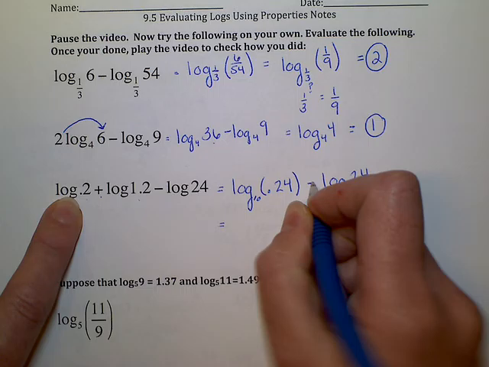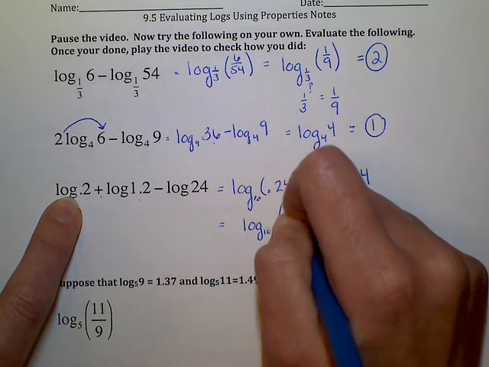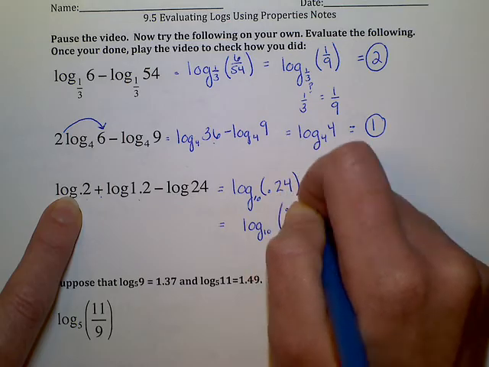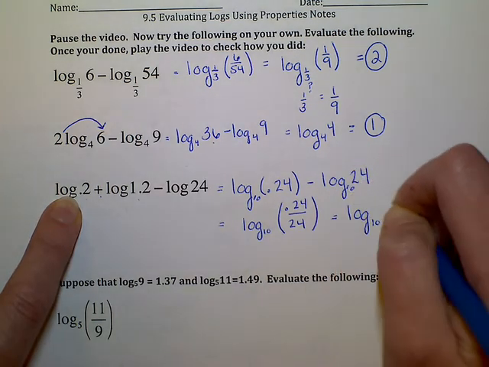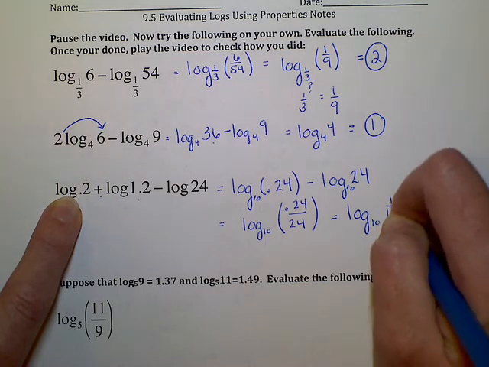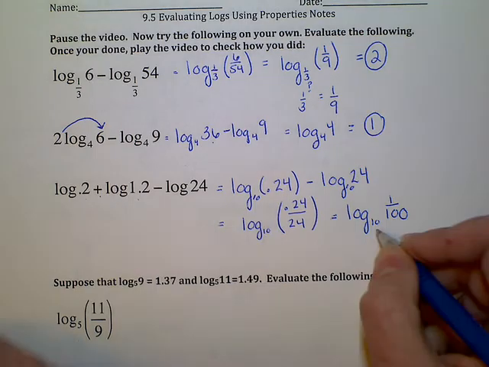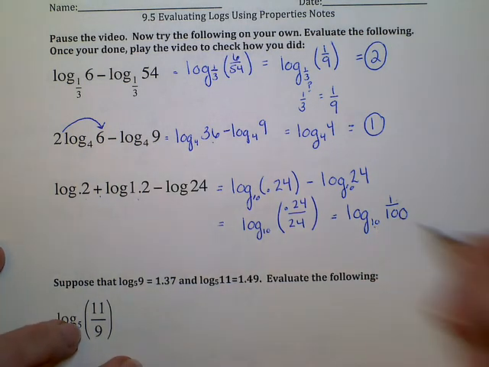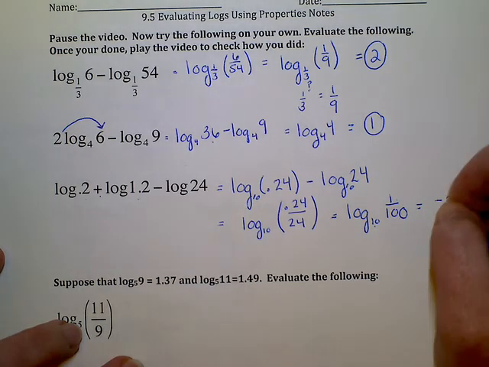I'm subtracting those two logs, so I'm going to take the insides and divide. And that looks like an ugly fraction, but that actually reduces to 1 over 100. The exponent that I put on 10 to get 1 over 100 is a -2.